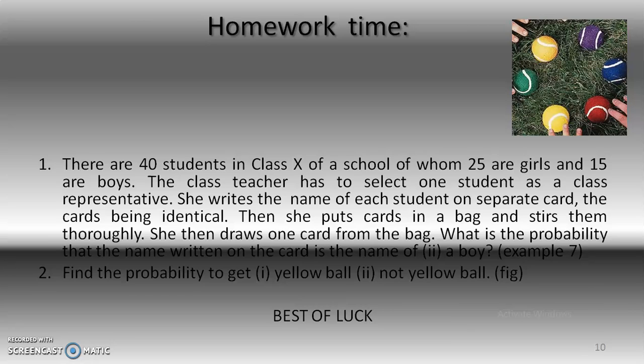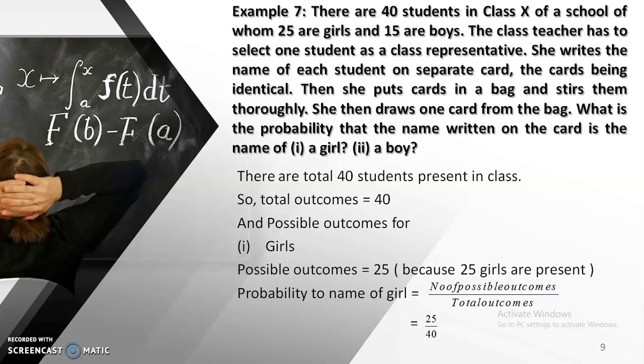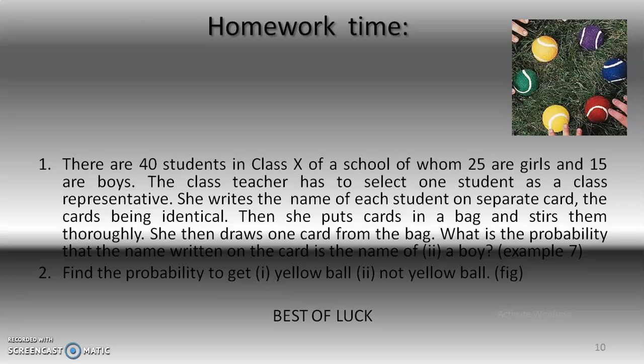What is the probability that the name written on the card is the same? The question left was a boy, from example 7, so it is in homework. And second, also find the probability to get a yellow ball and, second, not a yellow ball. You should refer to the figure here.